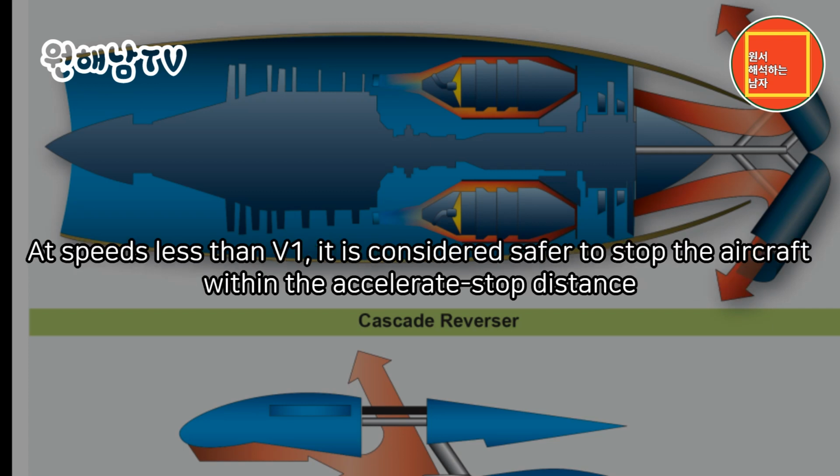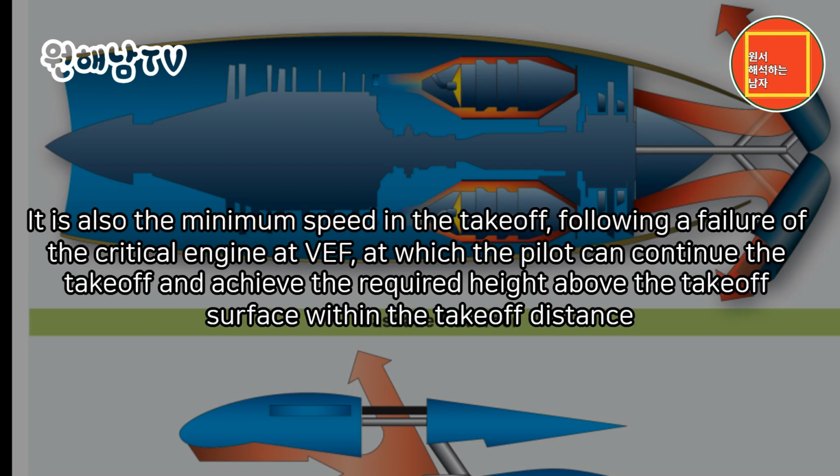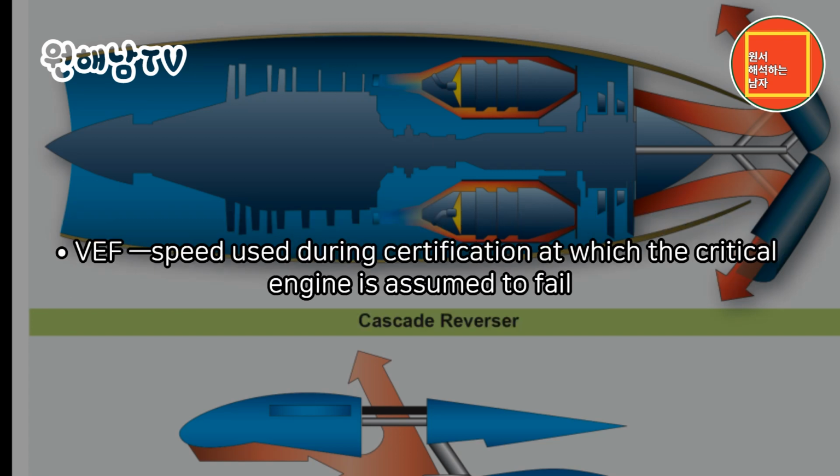At speeds less than V1, it is considered safer to stop the aircraft within the accelerate-stop distance. It is also the minimum speed in the takeoff, following a failure of the critical engine at VEF, at which the pilot can continue the takeoff and achieve the required height above the takeoff surface within the takeoff distance. VEF: speed used during certification at which the critical engine is assumed to fail.